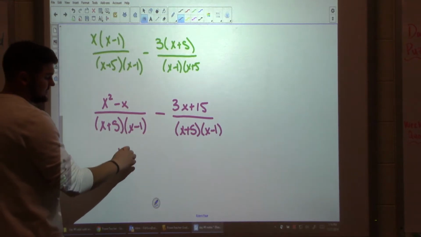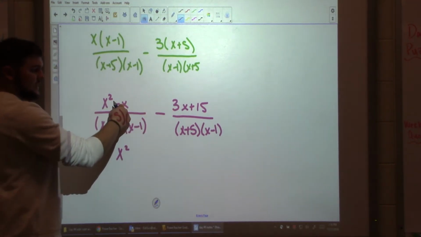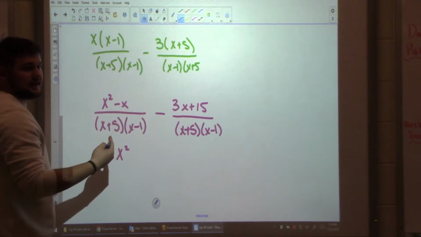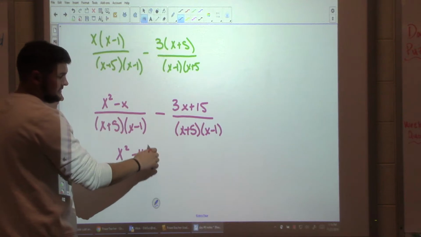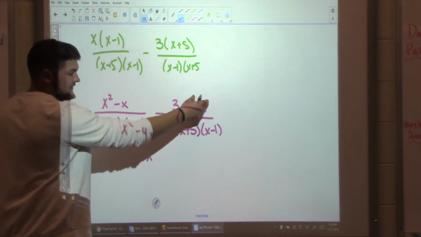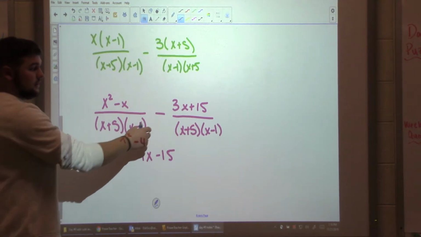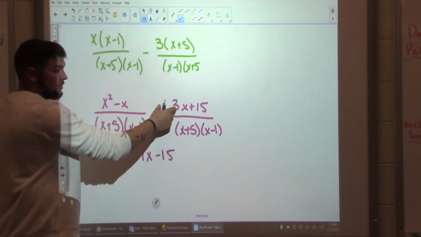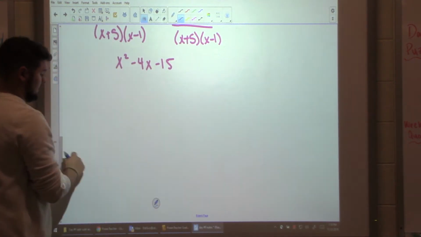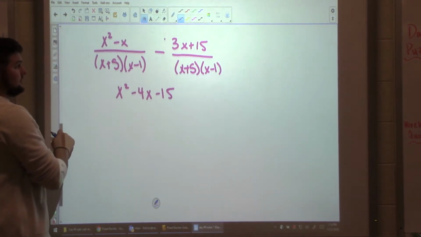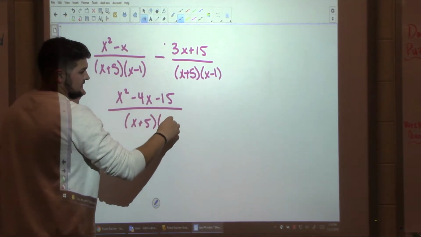I get x squared, because x squared minus, there's no like term. Negative x minus 3x will give me minus 4x. Nothing minus 15 will give me negative 15. Remember, this subtraction goes to both of our pieces. Subtraction goes to both pieces. Over x plus 5, x minus 1.